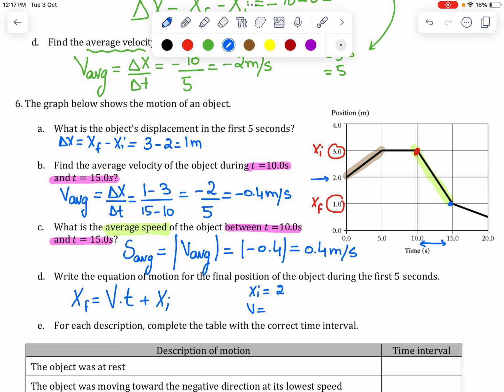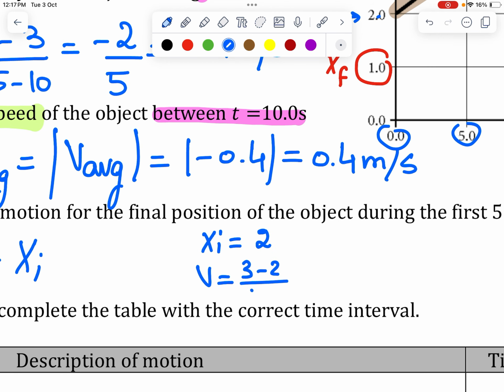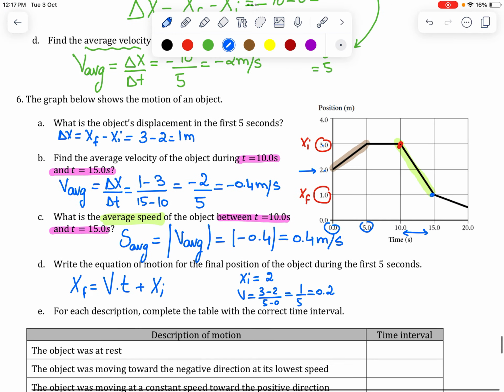The velocity is the displacement, which is 3 minus 2 over 5 minus 0, which is 1 over 5, 0.2. By replacing these two, x initial and the velocity, I have a final equation saying that x final equals 0.2 multiplied by the time plus 2.